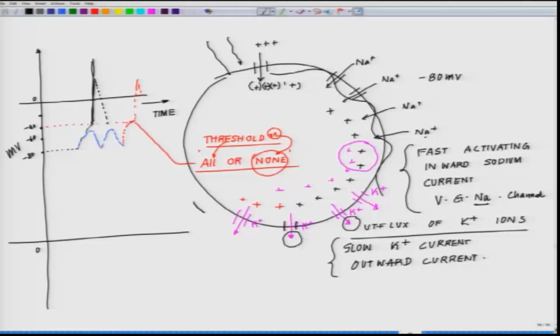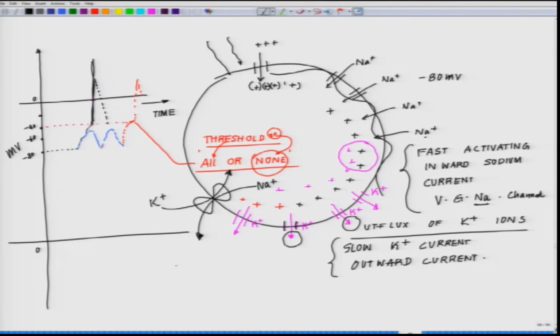Now I will introduce the pump here. These pumps have a very unique way of throwing sodium out from inside and pulling potassium in from outside.